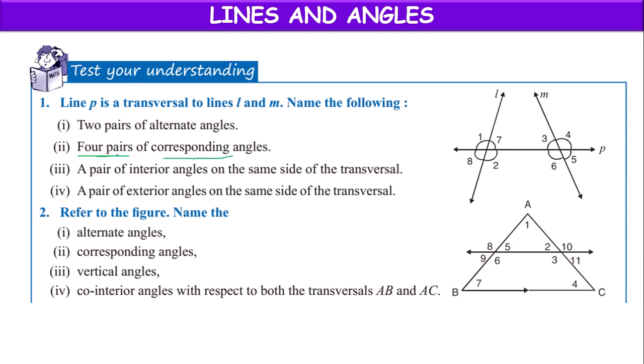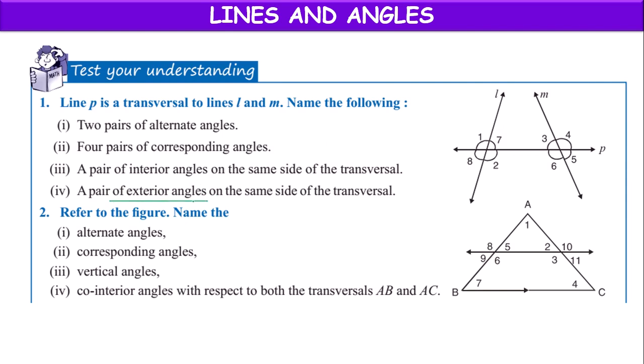4 pairs of corresponding angles. Corresponding angles means 1, 3, 7, 4, 8, 6, 2, 5 are corresponding. A pair of interior angles on the same side of transversal means co-interior angles. 7, 3, 1 pair.